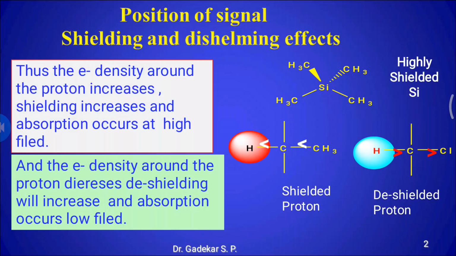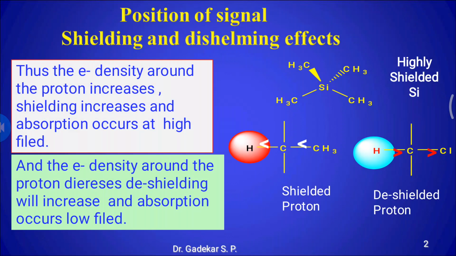First we discuss the position of signal or chemical shift, which is represented by the delta value. The position of signal totally depends on shielding and de-shielding effects.